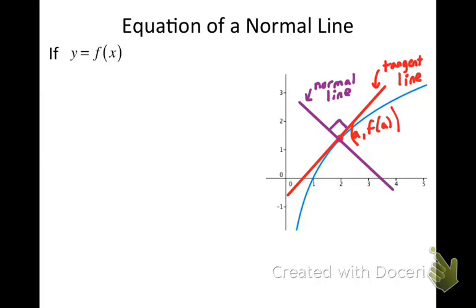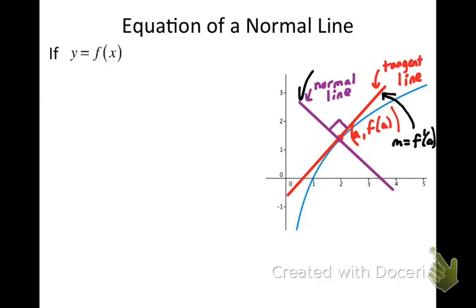Remember that the slope of the tangent line is always going to be found by just finding out what f prime of a is. And also remember that when two lines are perpendicular, their slopes are opposite reciprocals of one another.